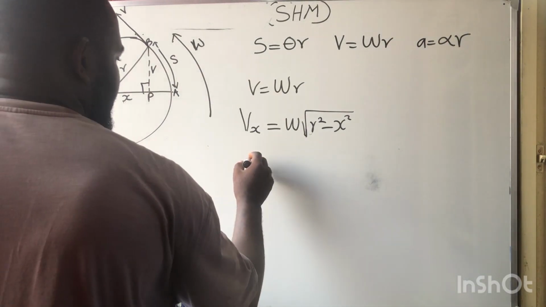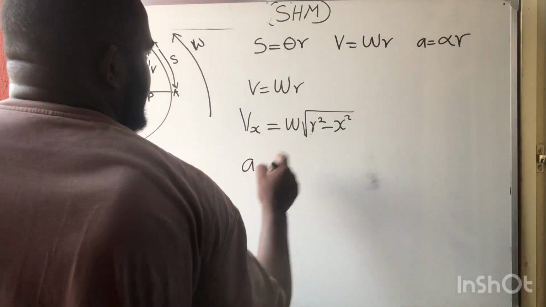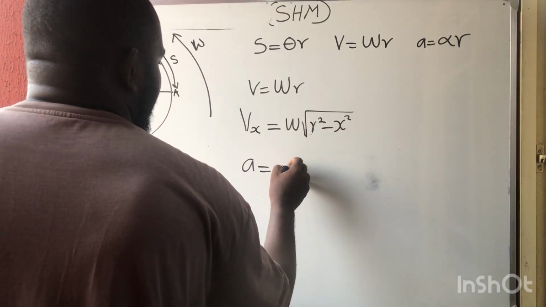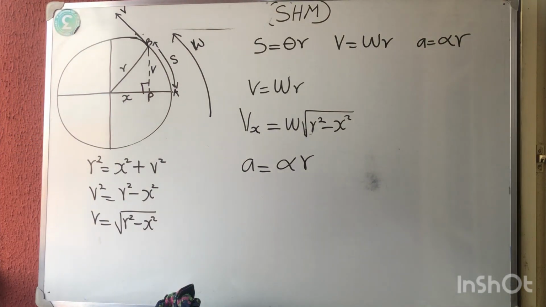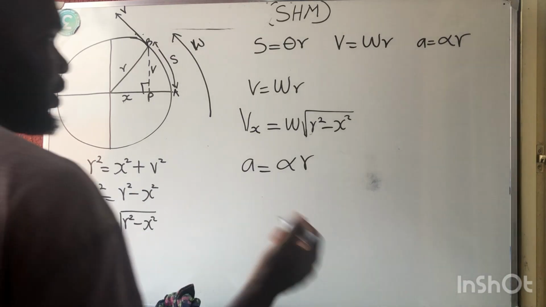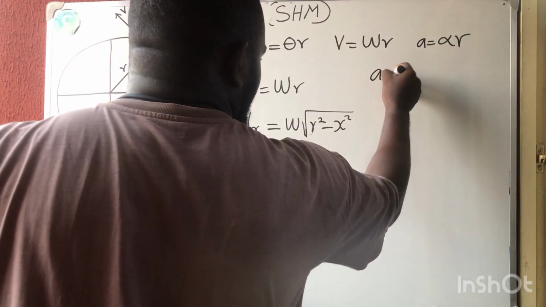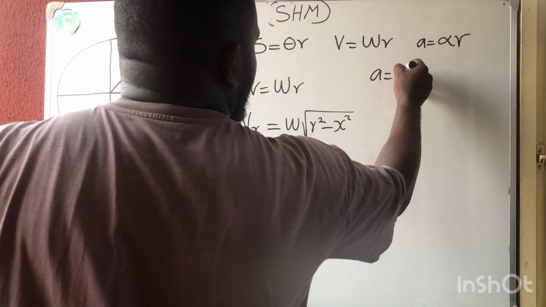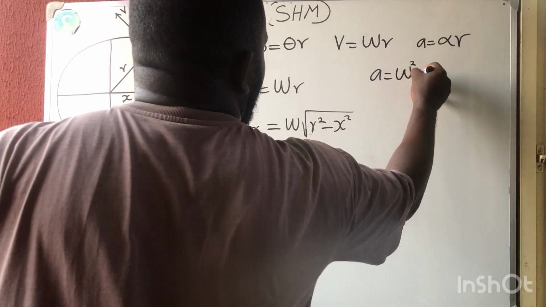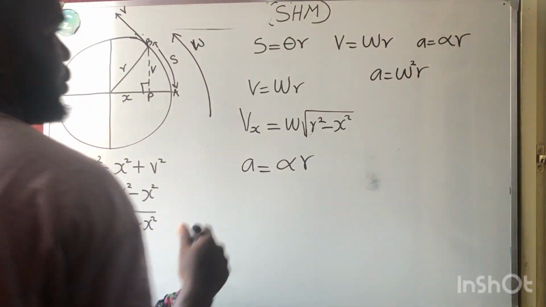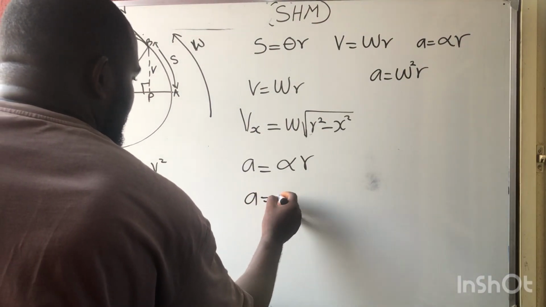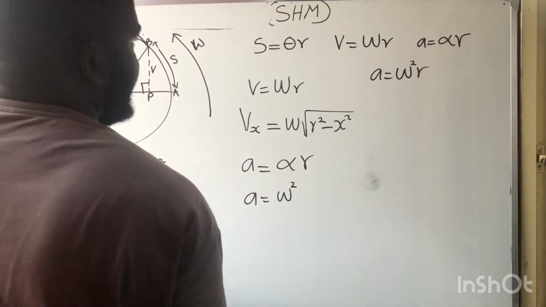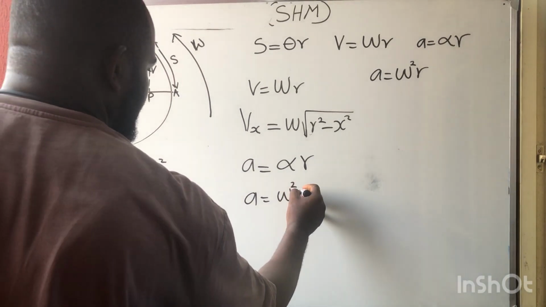So for acceleration, we know that acceleration normally is equal to angular acceleration times r. Or there's another formula. Don't forget that acceleration is equally angular velocity squared times r. I told you this formula in my former video on circular motion. So if I decide to use this one, a is equal to w squared r.